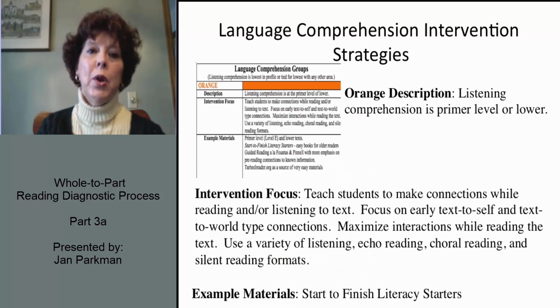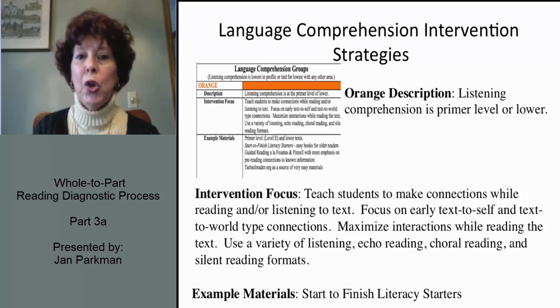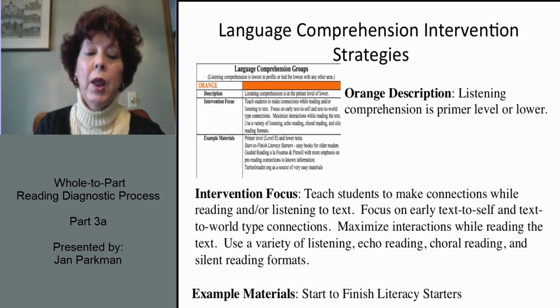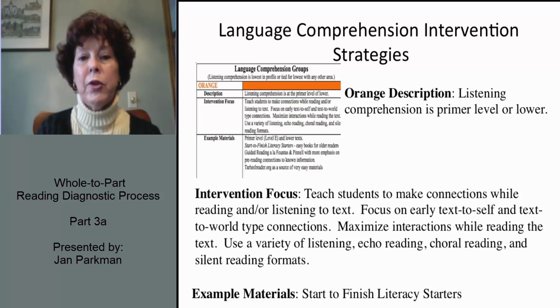So just to look at one of these areas to see what information is provided. Again, we're looking at the orange level for the listening comprehension, language comprehension, and when it's at the primer level or lower. And so the suggested intervention focus for these types of students is to teach students to make connections while reading and or listening to text.